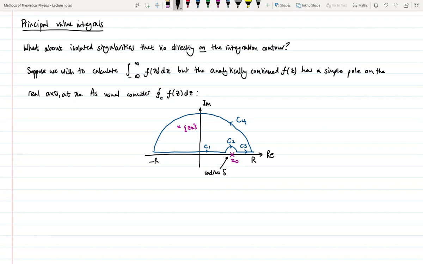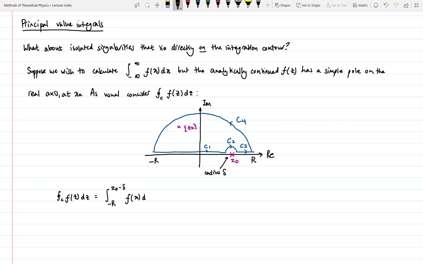Okay, so we can now write out our contour integral in terms of the contributions along each path. So the contribution C1, reading off from our picture, C1 lies on the real axis, so z equals x, and the lower limit is minus r, and the upper limit is x naught minus delta, the radius of that small detour.